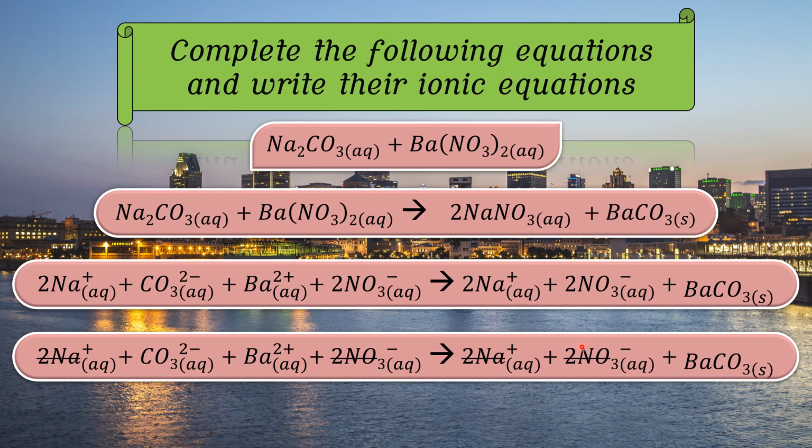Then we write our ionic equation from the remaining ions which we have not eliminated. That is the carbonate ions plus the barium ions. These give us barium carbonate.